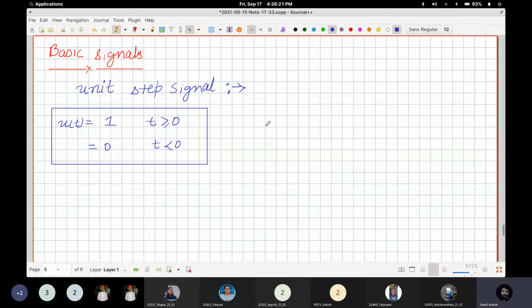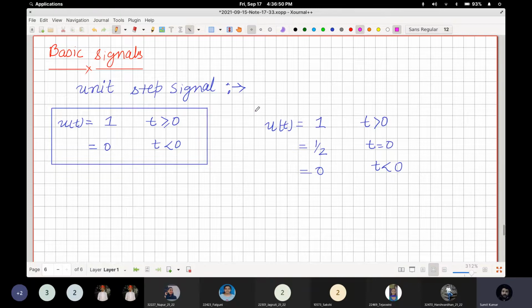Another very common definition that you will see is this: u(t) is equal to 1 for t greater than 0, u(t) is equal to half for t equal to 0, and it is 0 for t less than 0. This is another very common definition that you might see.